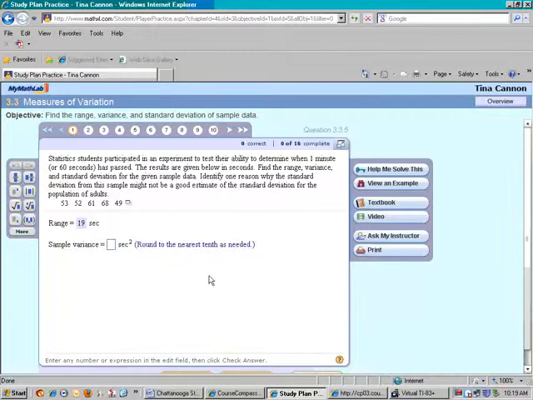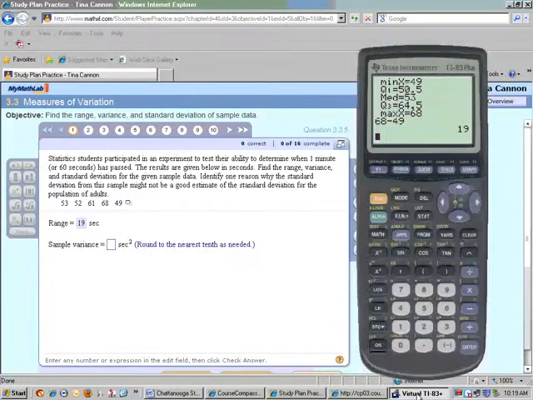Okay, next, it asks you to find the sample variance. Now, notice how your measurements on the range were in seconds. Okay, your sample variance is in seconds squared.